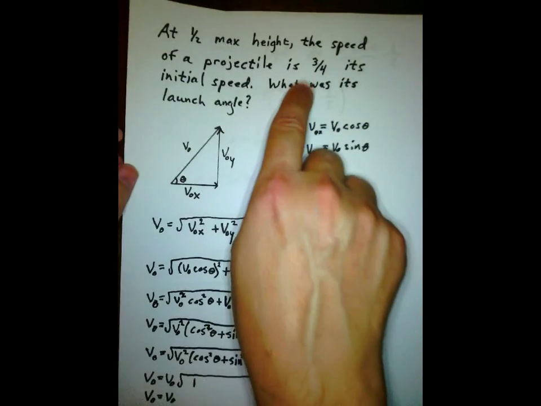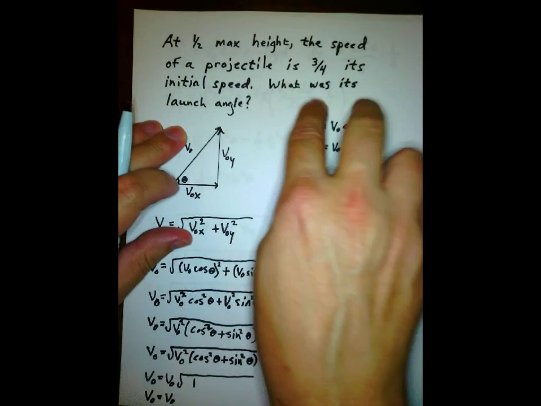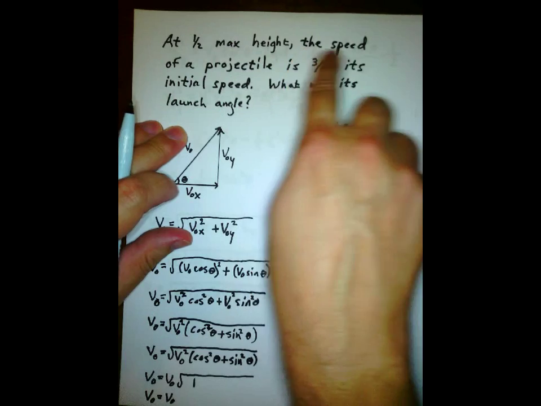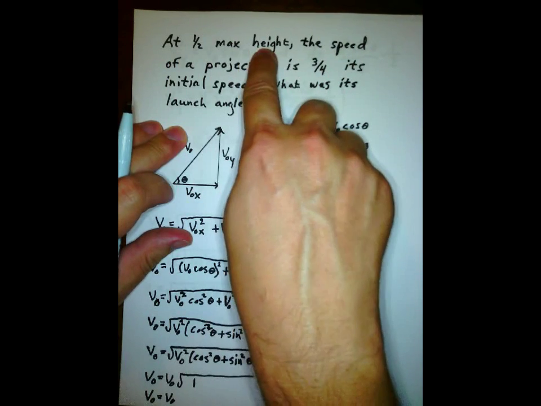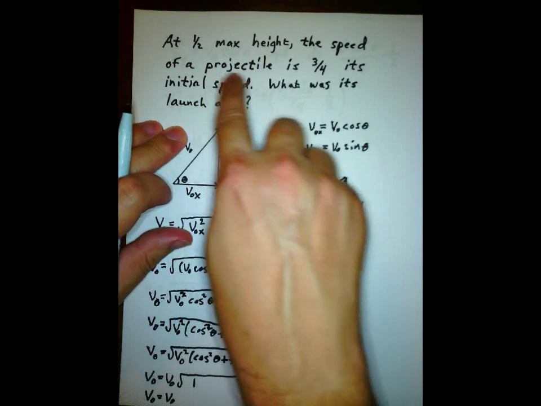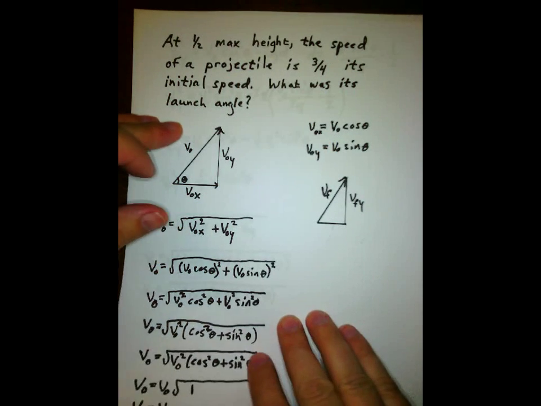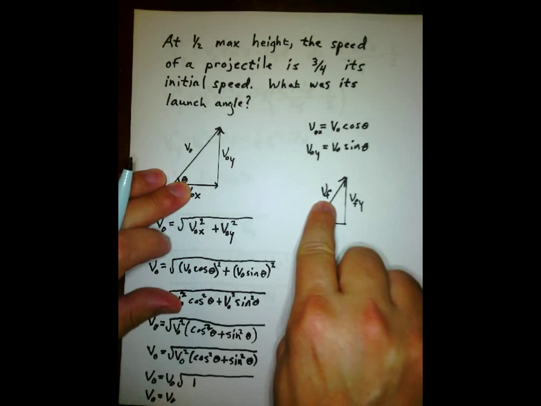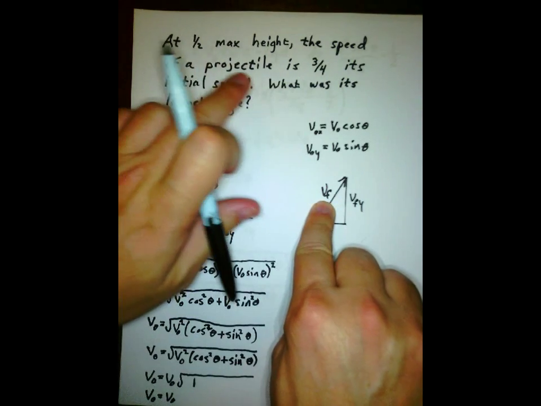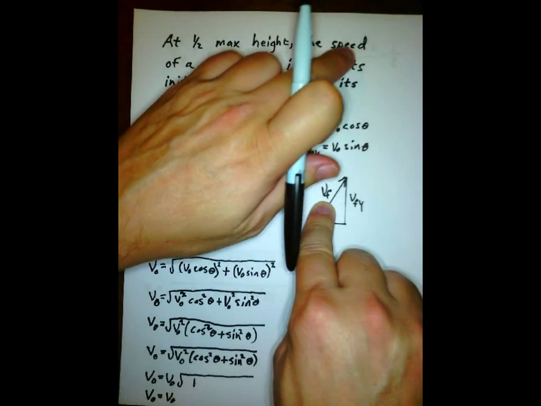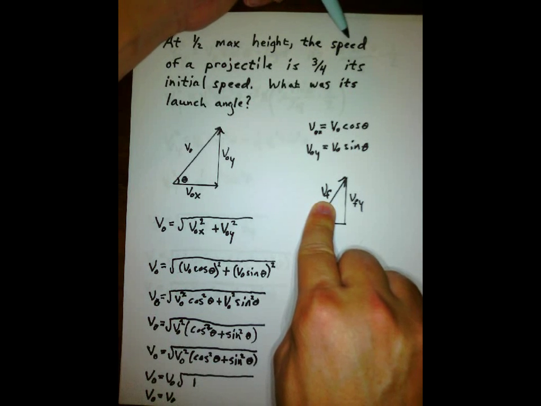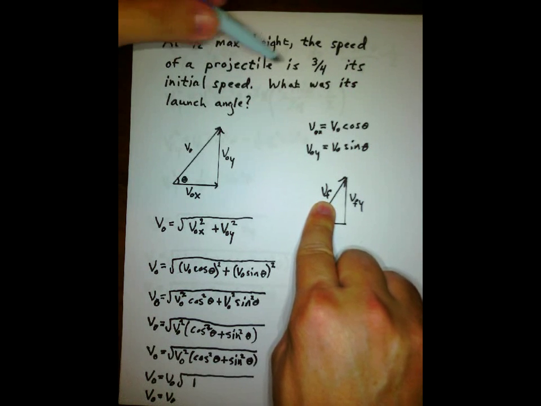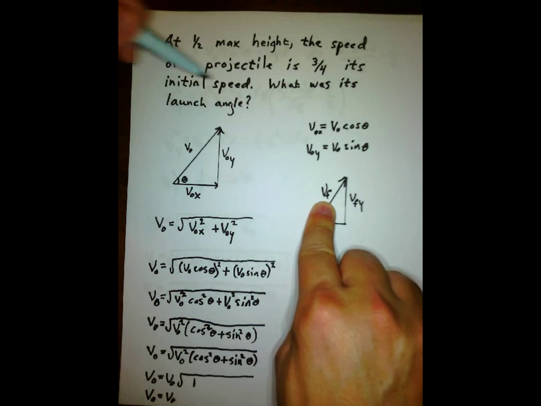Alright, I'm going to make one more. I'm going to look back at the original problem. It says that the speed of a projectile at half its maximum height is V final. And so it's saying that V final of a projectile is 3/4 its initial speed, V naught.